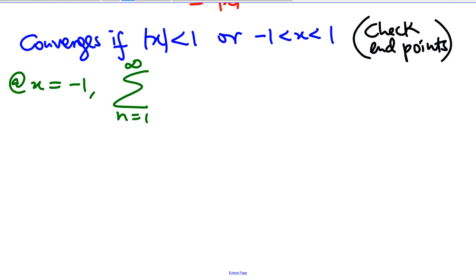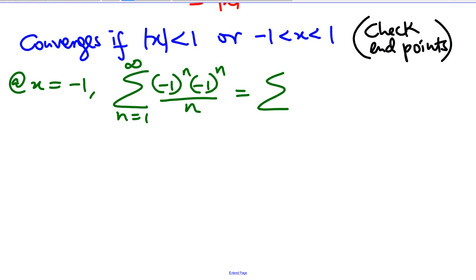So our series will be -1 to the power n, -1 to the power n over n, which simplifies to the summation from n equals 1 to infinity of -1 to the power 2n over n.